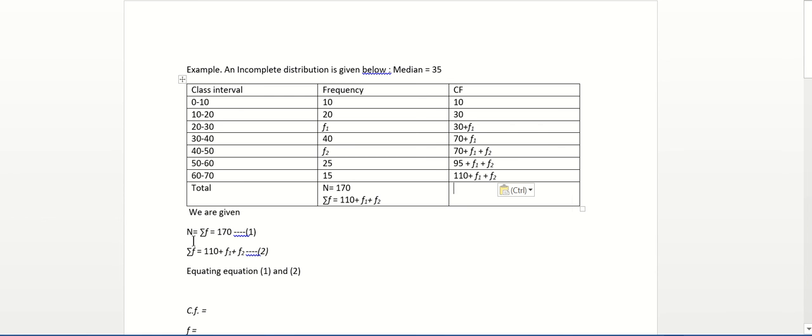Now we are already given that summation of F is 170, which is n. And another summation of F is also given to us, that is 110 plus F1 plus F2. So these are two equations: summation of F equals 170 and summation of F equals 110 plus F1 plus F2. The first thing we can do is equate equation 1 and 2.